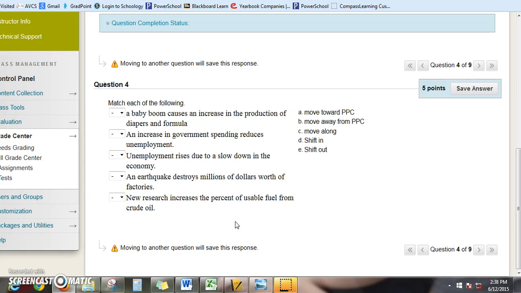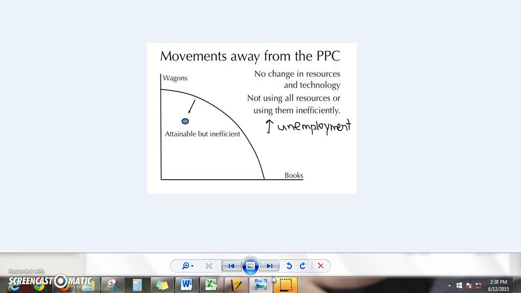I highly recommend pausing this video when you see these different graphs that I'm going to show and jotting these down in your notes. These will help you in other quizzes as well as the test and on the final, because you can use notes on all of those things. So I do need to give credit to the BYU Idaho Economics Department for this information. I was able to find this on their website, so it's very helpful.